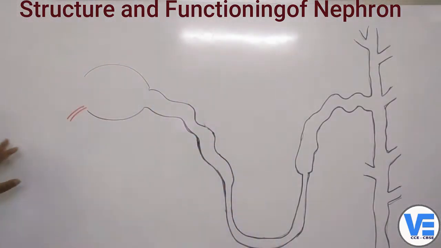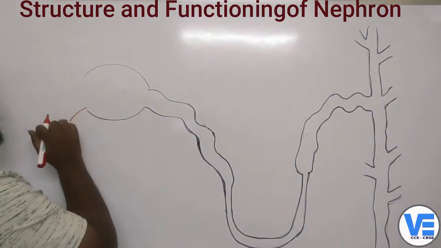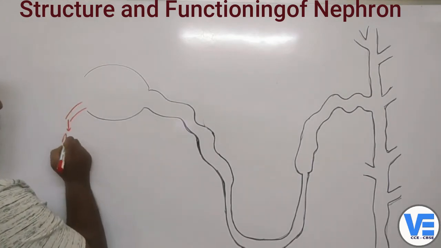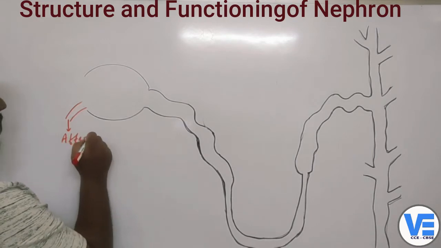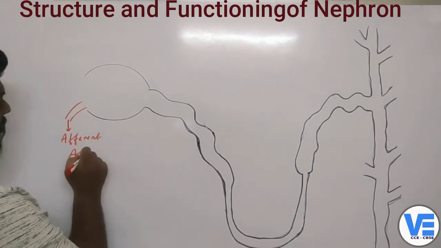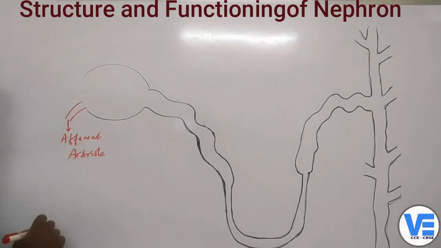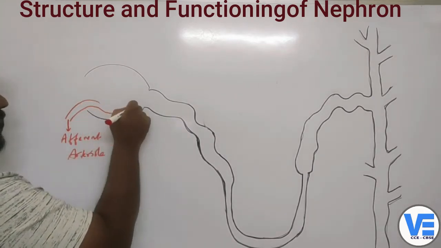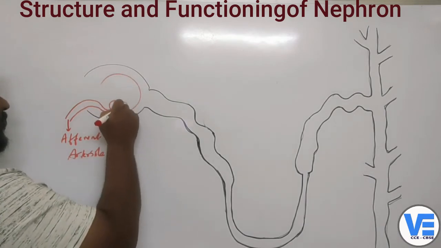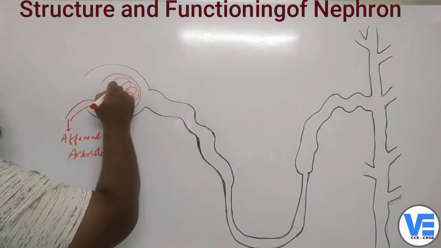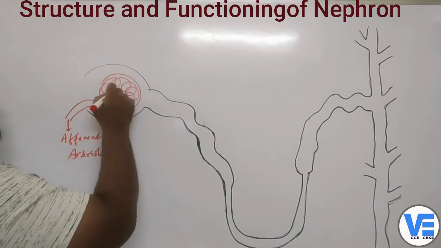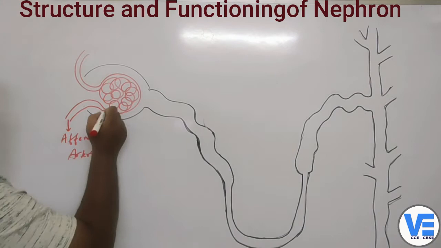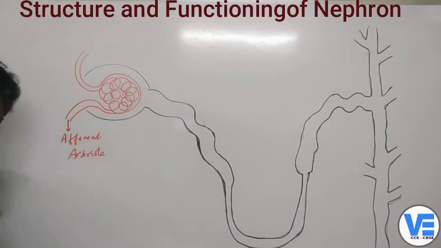Yesterday we discussed that there is a part here, which is the efferent arteriole. Then this enters inside and forms a capillary network here, and again comes back out. And this is a cup-shaped structure, right?